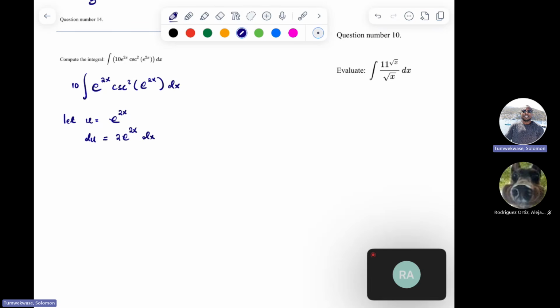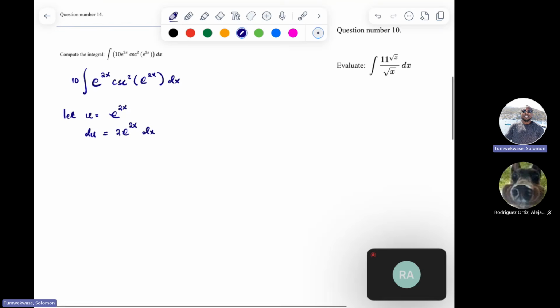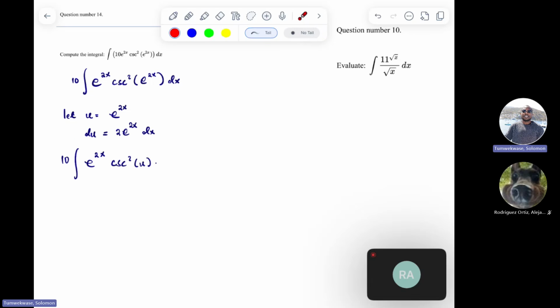I hope we remember how to differentiate e to the 2x. Substitute everything back, so we shall have 10 integral e to the 2x, then cosec squared u, because I said e to the 2x is the same as u, then times dx, but from this expression here, dx is the same as du over 2e to the 2x.